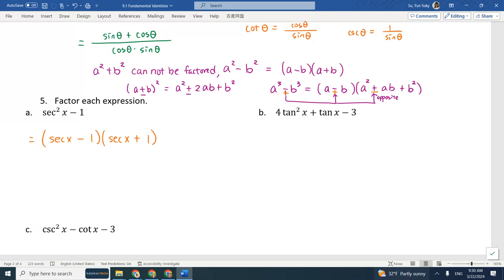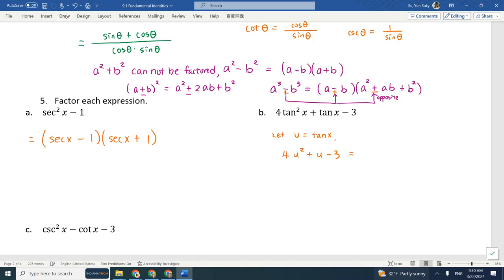Or if you want to do it slowly, you can do a substitution. You can let u be tangent x. And then you get 4u squared plus u minus 3. Okay? So it looks easier. It's a quadratic expression.